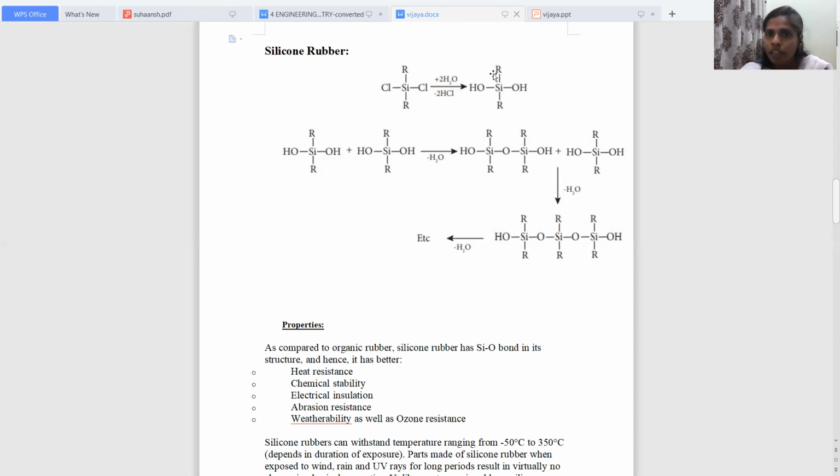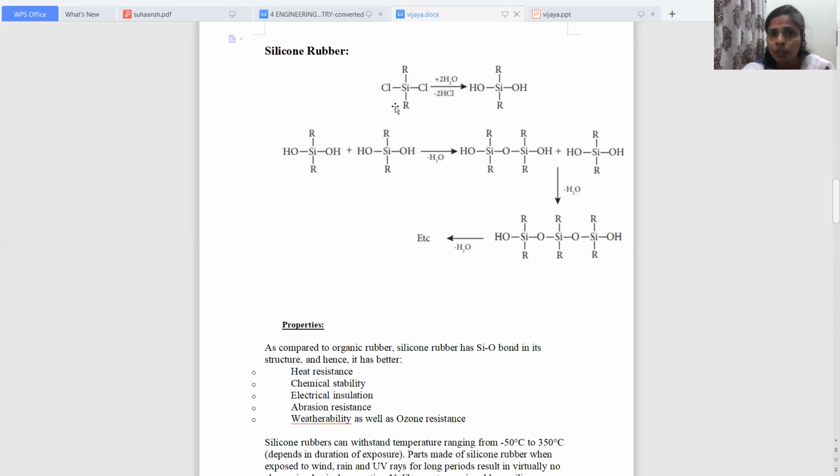But these are not available in the laboratory. So initially we have to synthesize dihydroxy dialkyl silicone. How are we going to synthesize it?